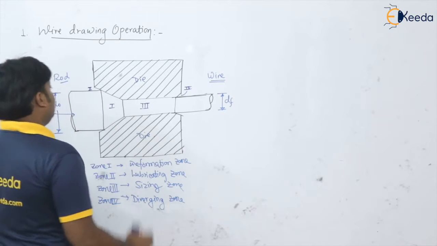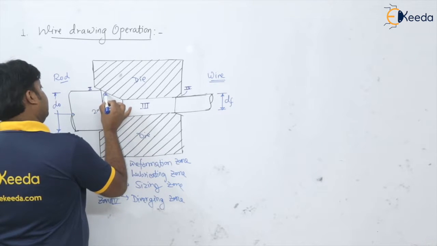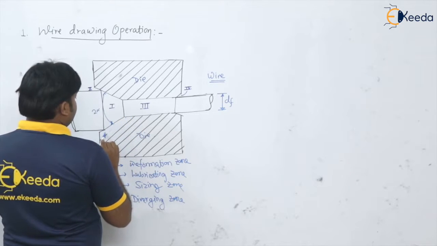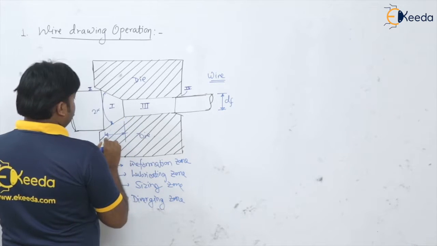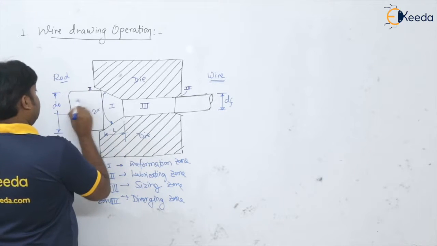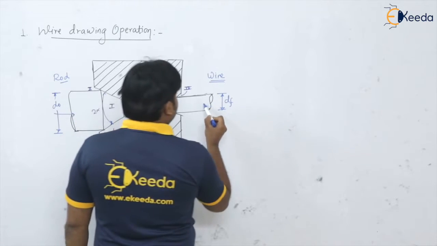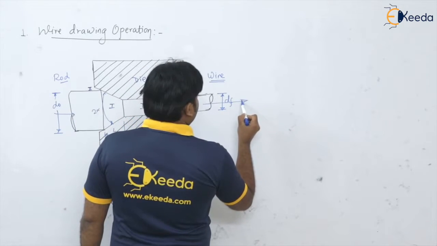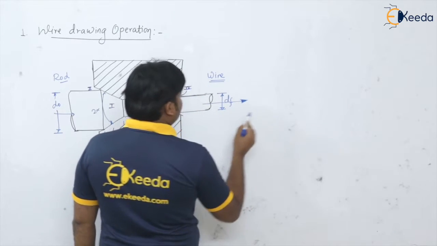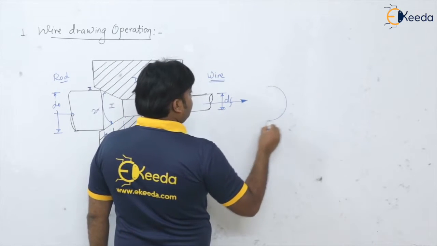This conical angle we have as 2 alpha. The length of the deformation zone is nothing but the land. This is the original, this will be the final, and this wire is going to attach to the gripper, which is going to coil this wire onto the power reel.